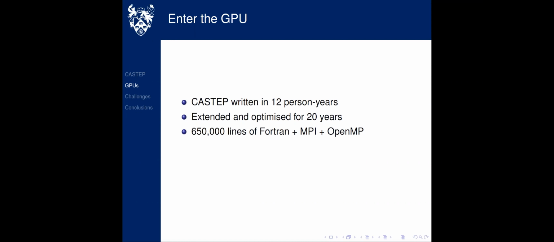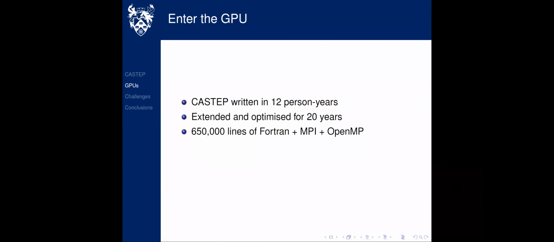It's currently somewhere between about 600 and about 750,000 lines of modern Fortran with MPI and OpenMP. And it works very well on CPUs. It has good parallel scaling, and it's produced a lot of good science. We get about 1,200 papers a year from people who use CASTEP to solve scientific problems.